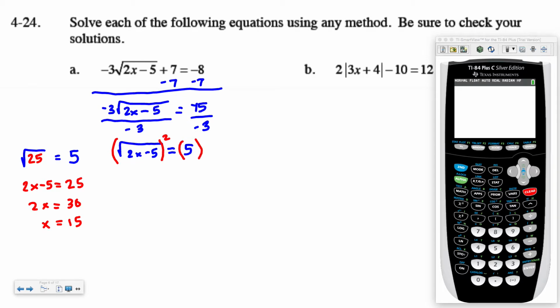Just make sure you keep your equation balanced. So the square root of 2x minus 5, squared, should give us 2x minus 5. And 5 squared is 25. You see we're at the exact same point now that we were over here. So we know that x should equal 15.